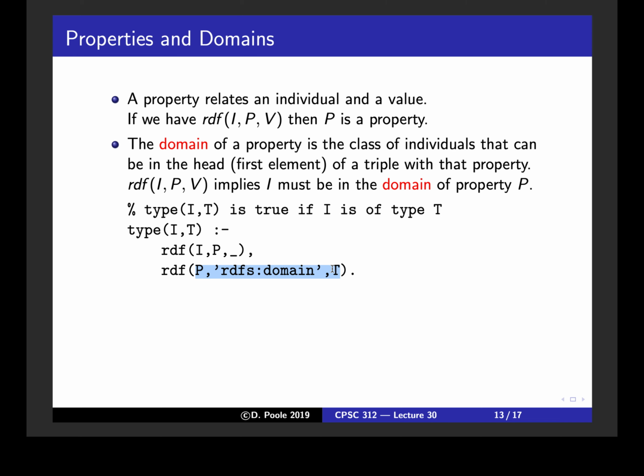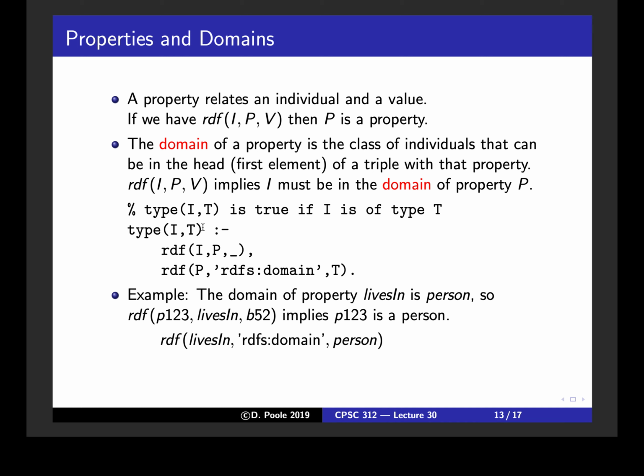So T here is a class, and if I is in the first argument of an RDF statement, then the type of I has to be class T, because T is the domain of P. Here is an example. If we have a property called lives in, and its domain is person, if we observe RDF P123 lives in B52, this implies that P123 is a person.